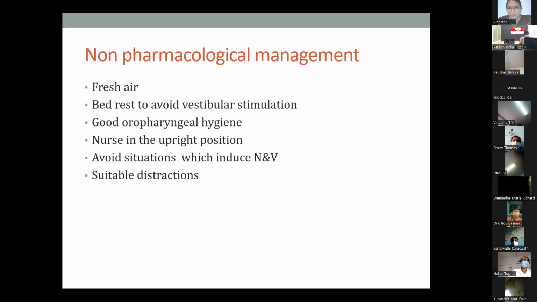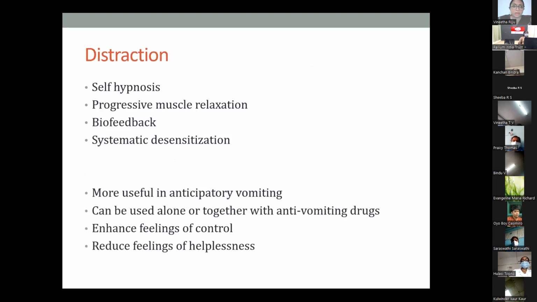All these are different distractive measures that are being used. And also some psychological therapies like self-hypnosis, biofeedback, all these have also been tried, but definitely we need expert hands for that. It needs training to do that.